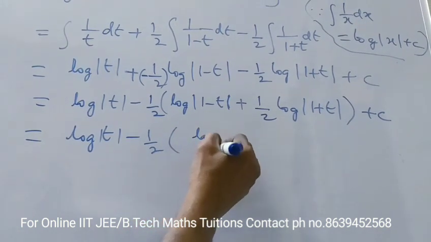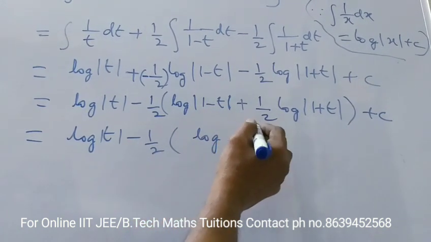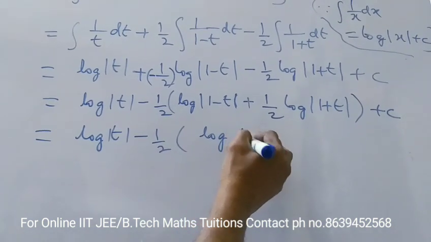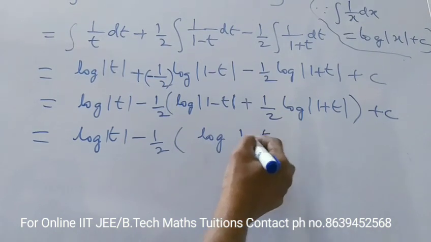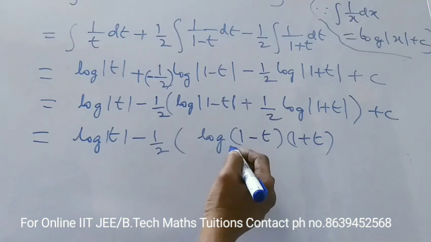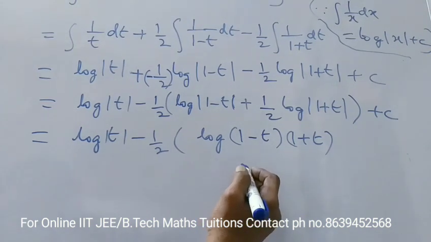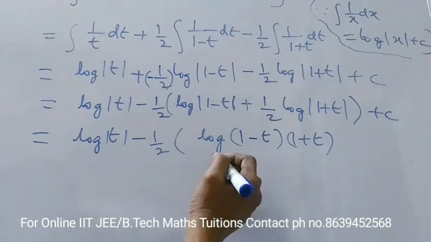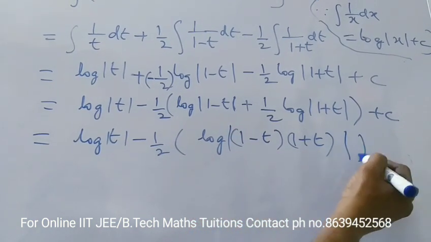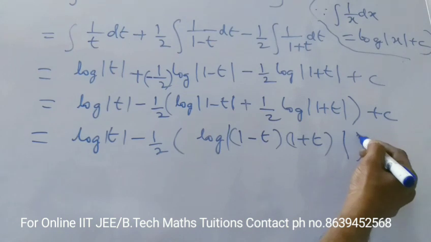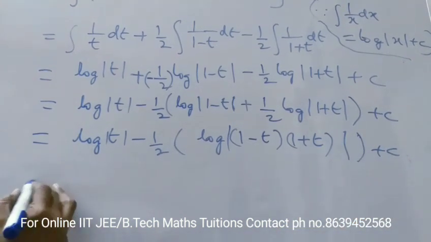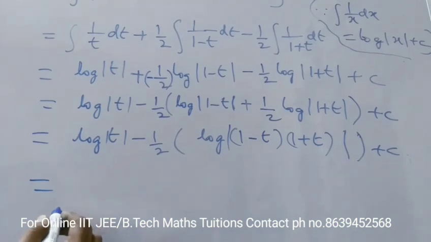That means log a plus log b is equal to log of a into b, that means log of 1 minus t into 1 plus t, plus c.